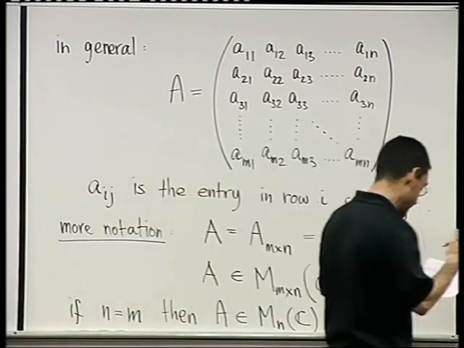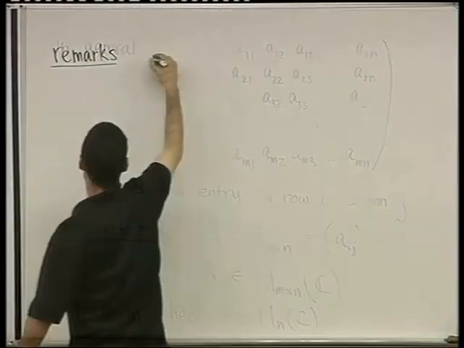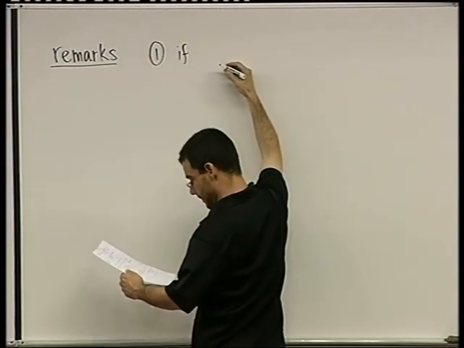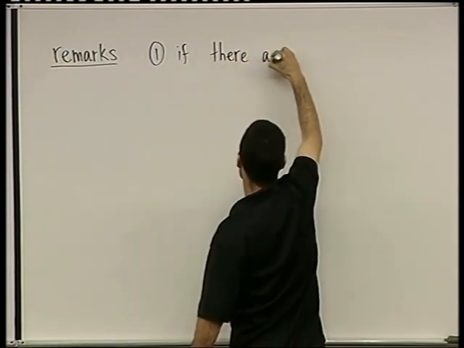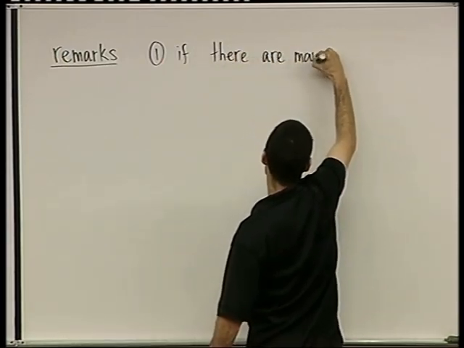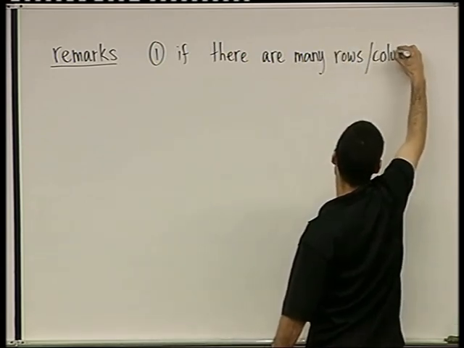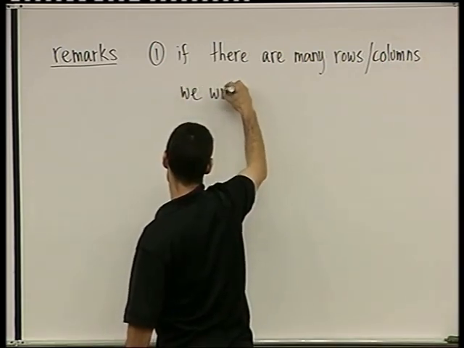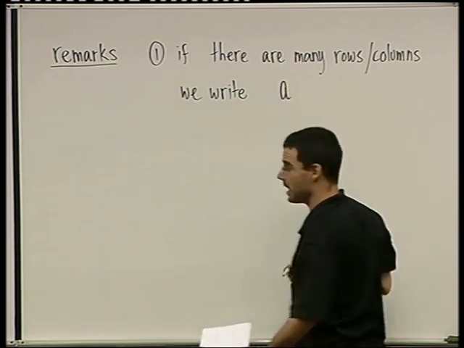Okay, a couple of remarks. So one, if there are many rows or columns, we separate the row and column index by a comma.